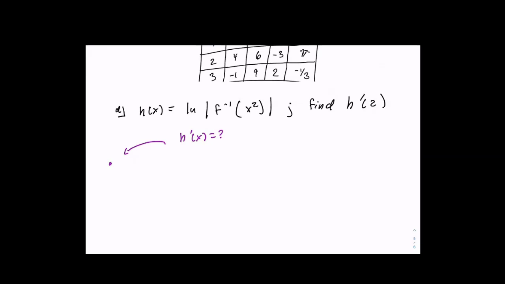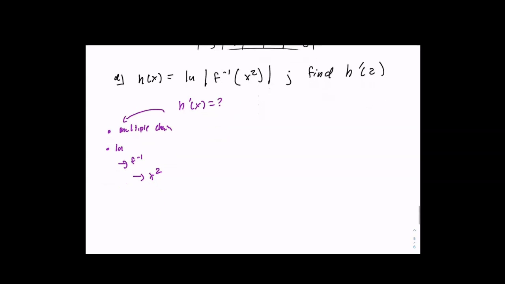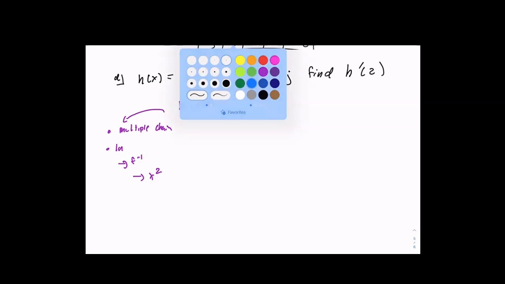It's a multiple chain rule. Working from the outside in, I first have a natural log, then I have inverse f, then I have x squared. We like to work from the outside in, so let's work with the natural log first.